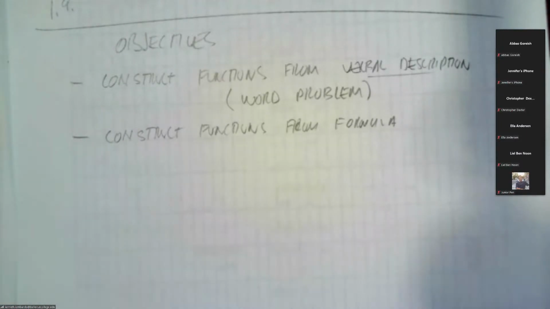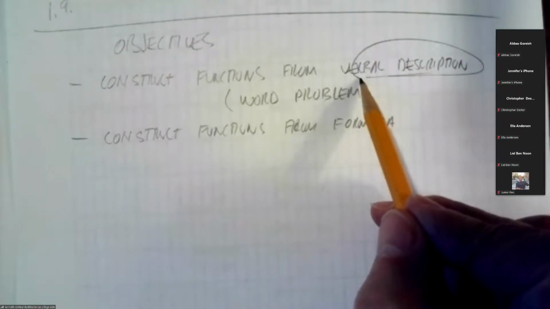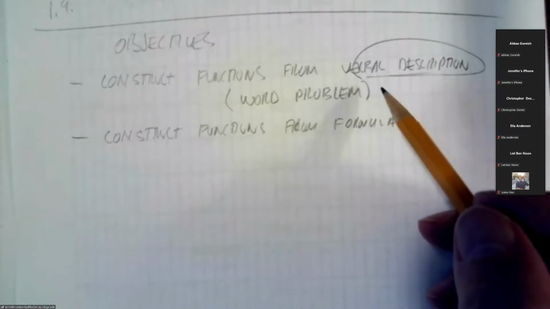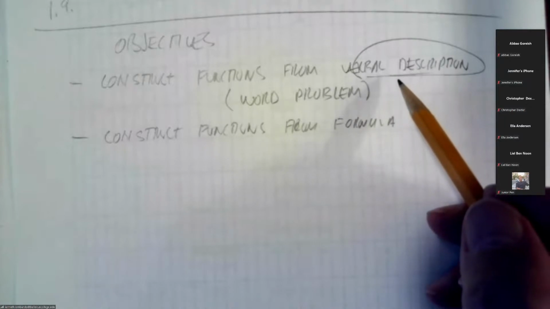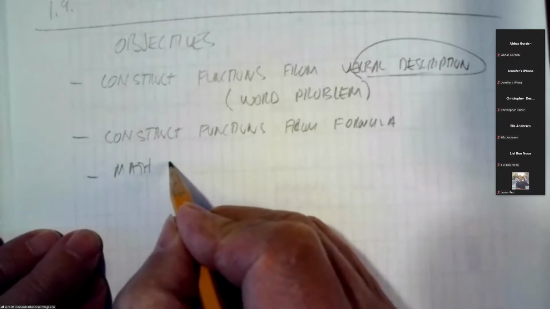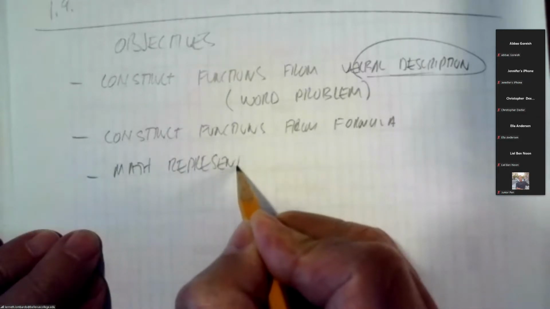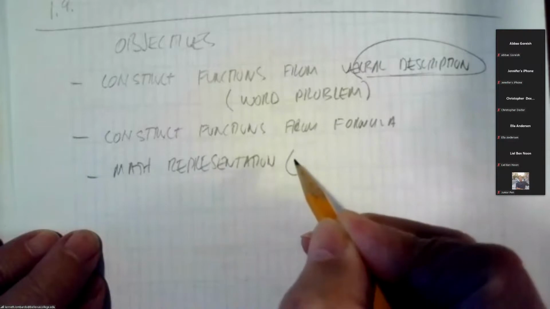Okay. So that's the kind of thing we want to be able to do. Many real world problems involve constructing mathematical models that are functions. In constructing these functions, you need to be able to translate a verbal description into some sort of mathematical representation.